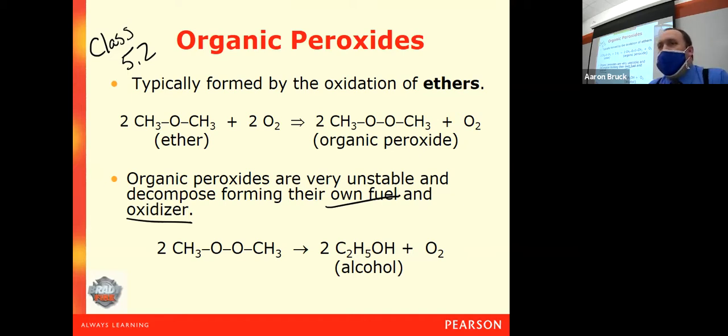The reason for the separation is this. These organic peroxides have a special danger associated with them, because under stress, they will form their own fuel and their own oxidizer, which means they can basically spontaneously combust if the temperature is hot enough.